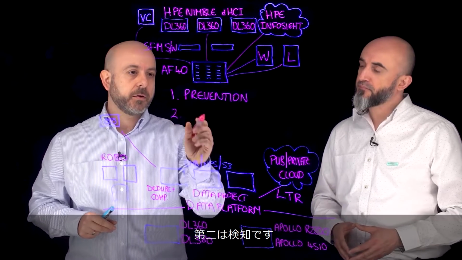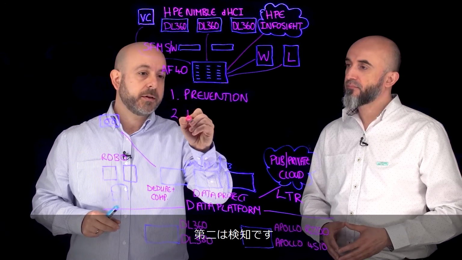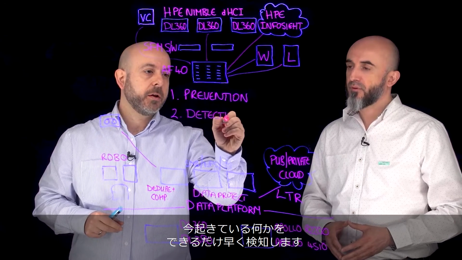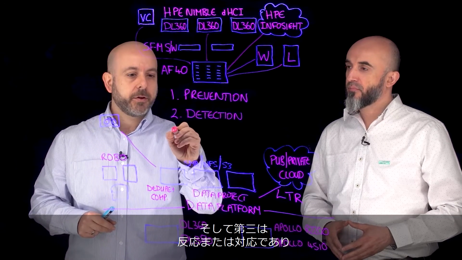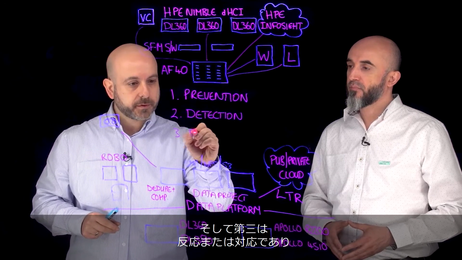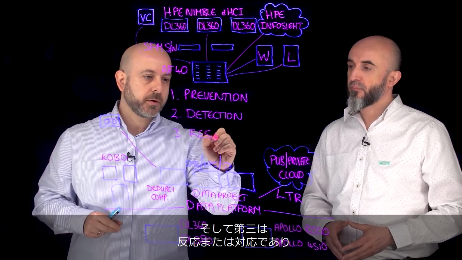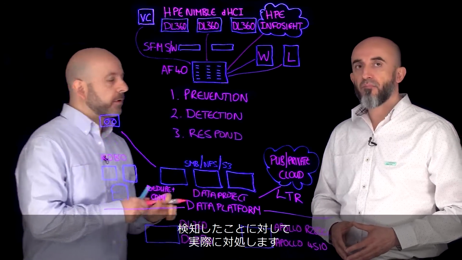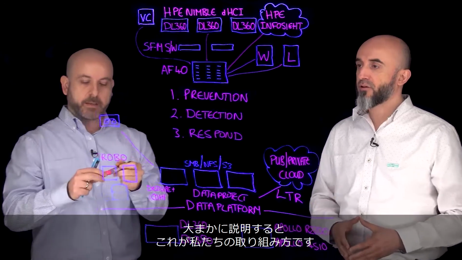The second of those is detection. The earlier we can detect something going on, the better. And the third prong is the response. How do we actually deal with something once we've detected it? So from a high level, that's how we approach it.